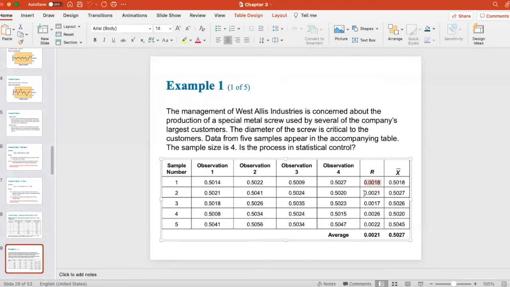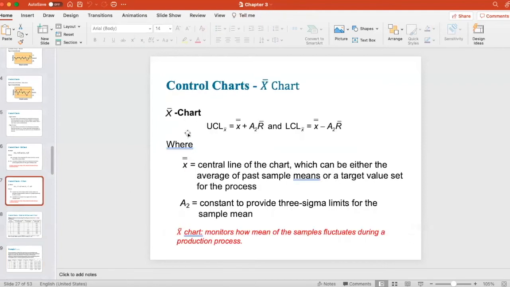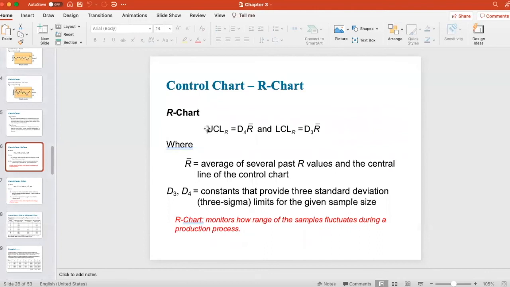Now, you can follow this same fashion to calculate the range for the second sample, the third sample, the fourth sample, and the last sample. But keep in mind, when we calculate the UCL and LCL within the R chart, we're not trying to get R directly, but instead we're trying to get R bar.